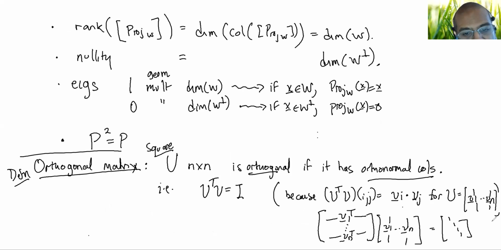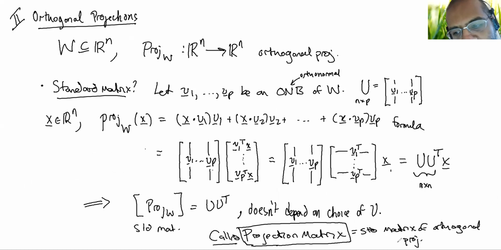So this is different from the formula for a projection matrix. That's kind of why I'm telling you this, because it's very easy to be confused. There's something called an orthogonal projection. Its matrix is called a projection matrix, and that's a matrix that looks like UU transpose.